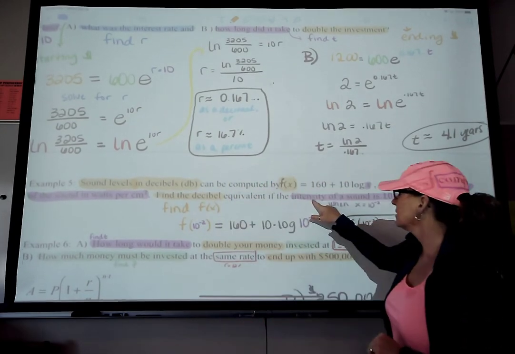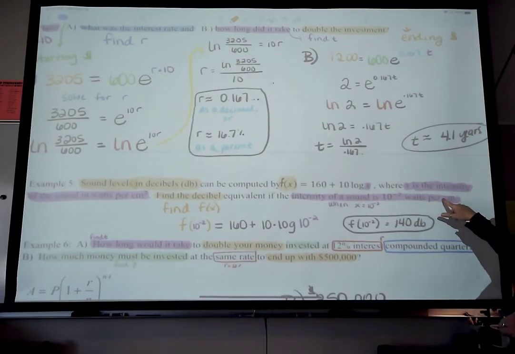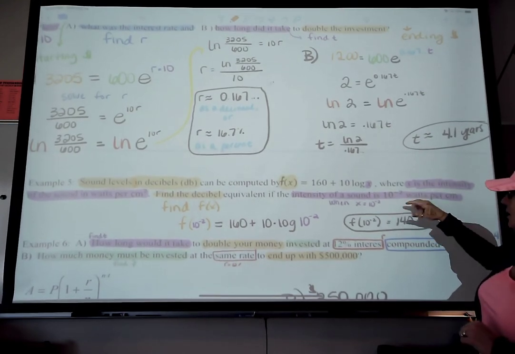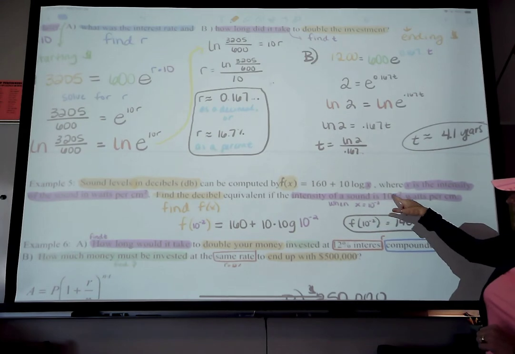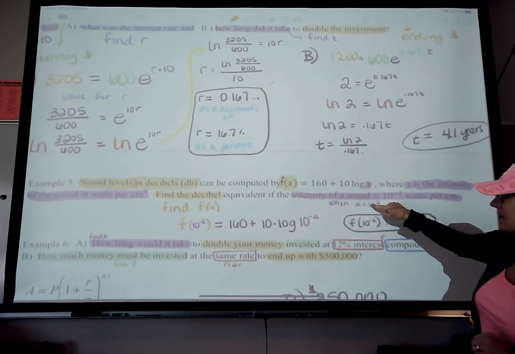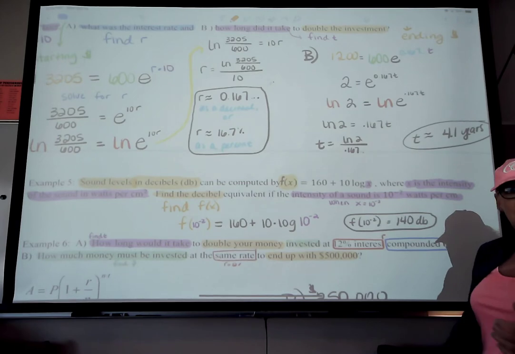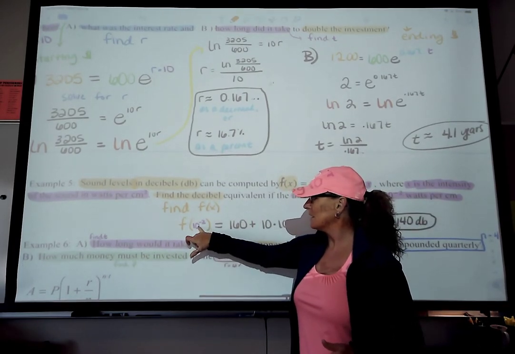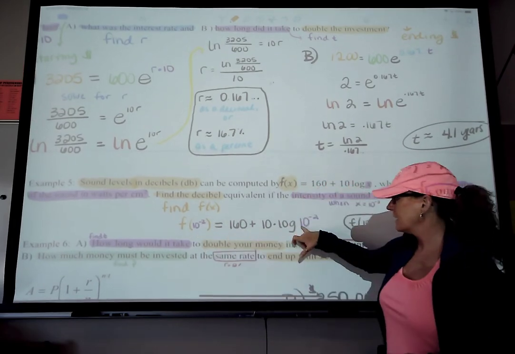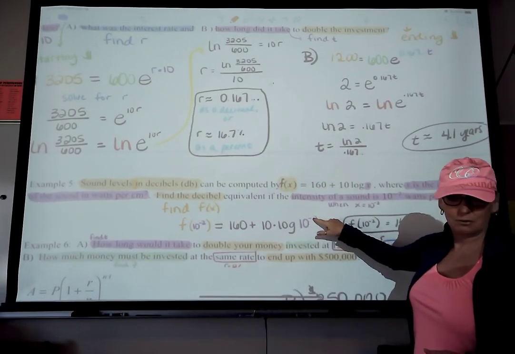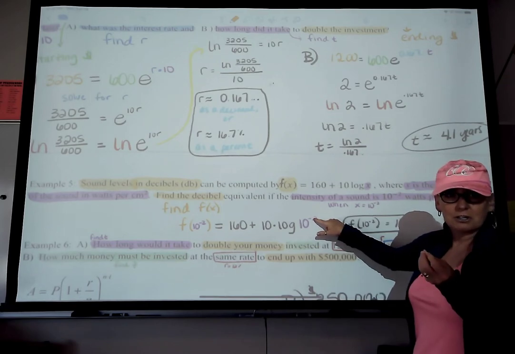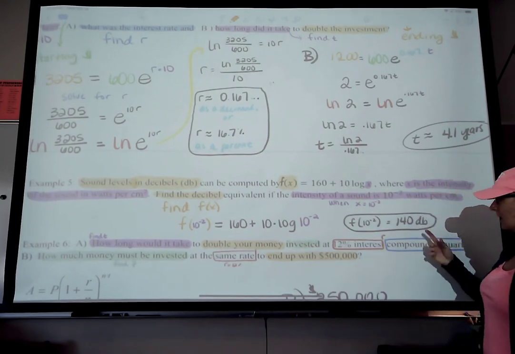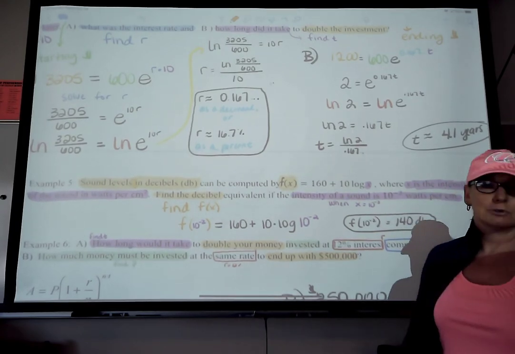Find f of x when the watts per square centimeter is 10 to the negative 2. So 10 to the negative 2 is going to be subbed in right there. That's all you got to do. So when you're writing it on your paper, say, hey, I'm subbing in 10 to the negative 2, and then sub in 10 to the negative 2. Pick up your calculator and type that in and hit equals. And I got 140 decibels.